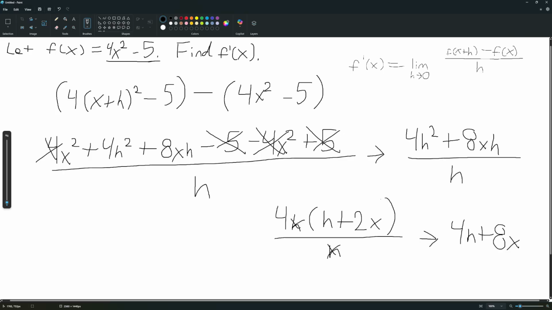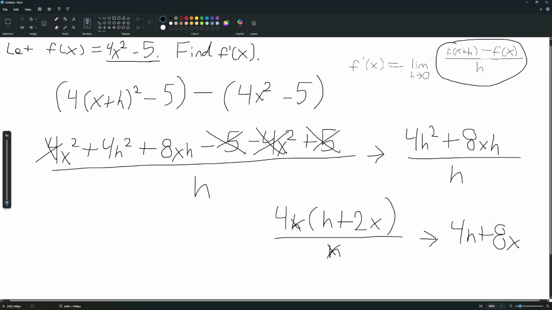So now that we're here, we have done everything that we needed to in terms of this part, but remember about the limit here. We're looking for the limit as h approaches 0. That means that for every h value, we replace it with 0.